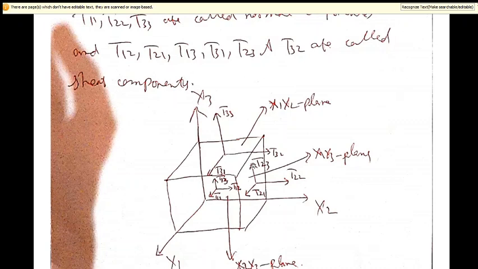If you have T13, what will you say T13 means? Let's see. This is the x1 axis, this is the x2 axis, and this is the x3 axis. We have made a cube here, so it will have 6 faces: 1, 2, 3, 4, 5, 6.